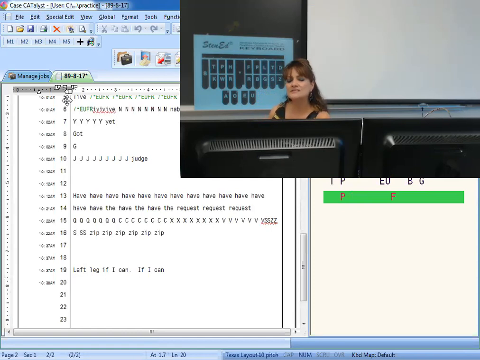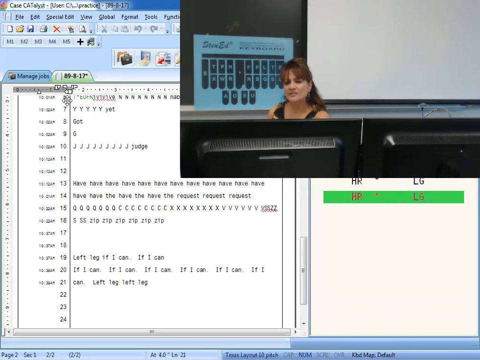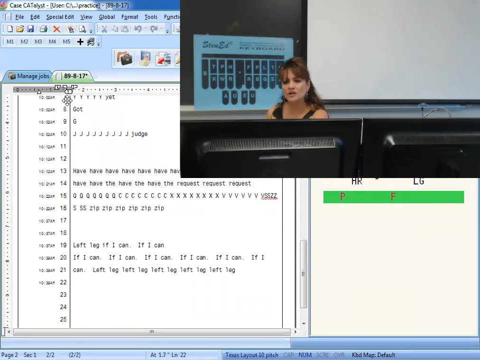So what I mean by practice is I'm going to write if I can, if I can, if I can, and then I'm looking at how I'm writing it. If I can, left leg, left leg, left leg, and just keep going over it, looking at it, and recognizing it, okay? So make a little notebook and always have it handy so you can write these words down, okay? Because I will give them to you throughout the semester.